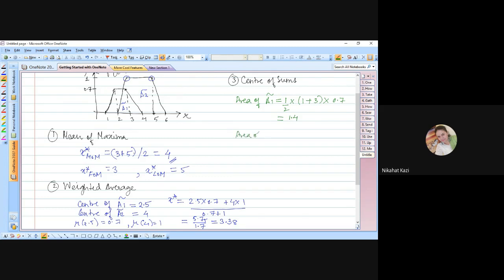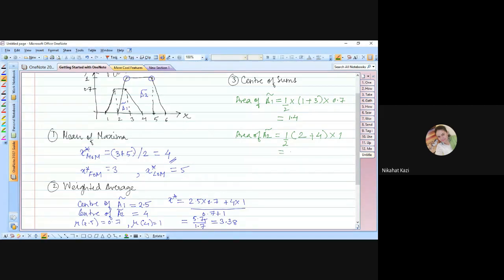Next is area of A2. Same formula, different values. So half multiplied by the sum of these parallel sides, right? That is 2 plus 4 multiplied by height, right?